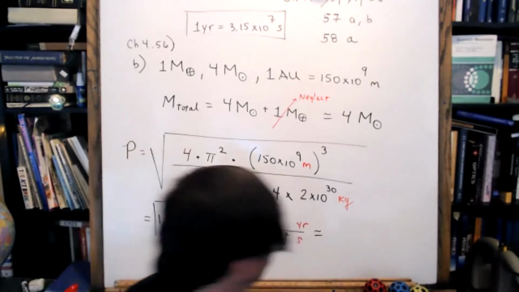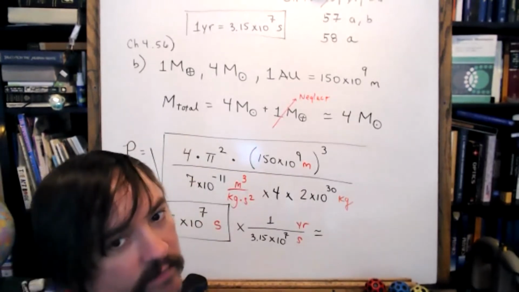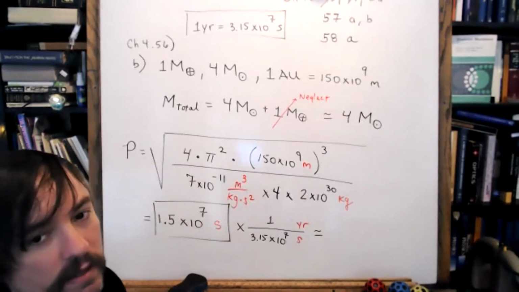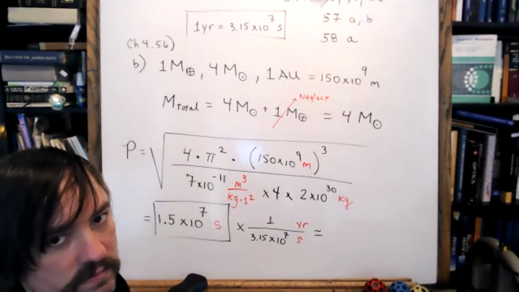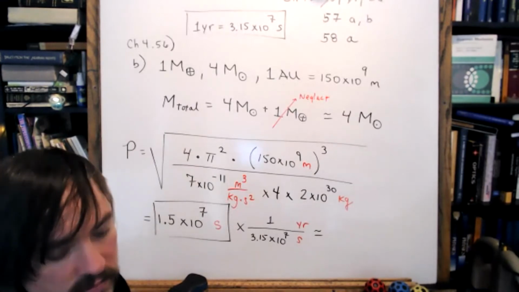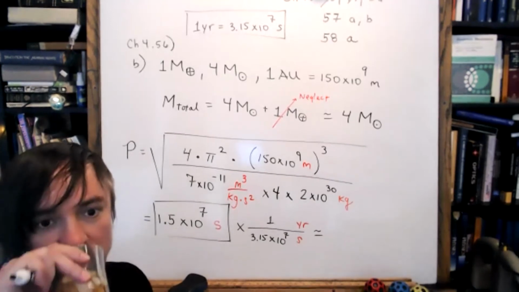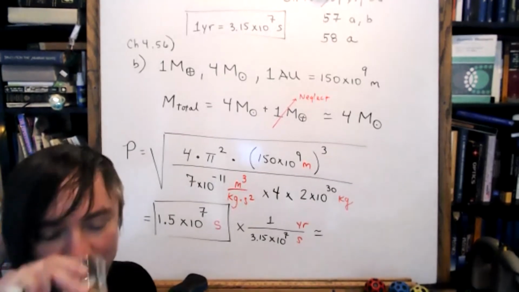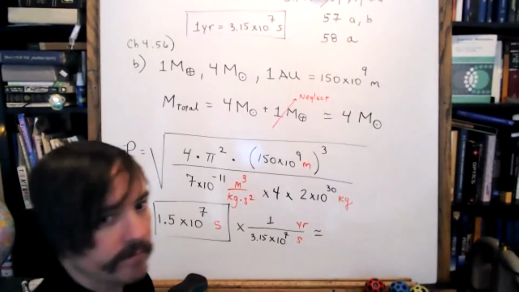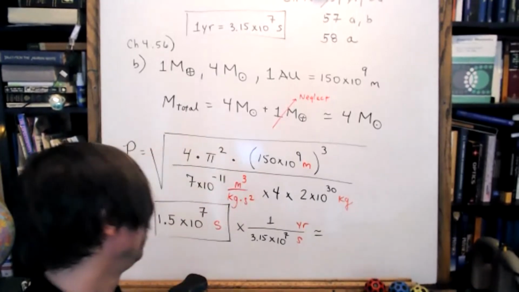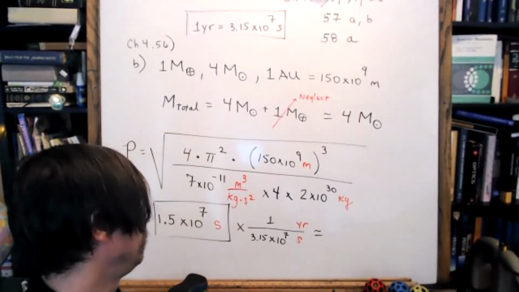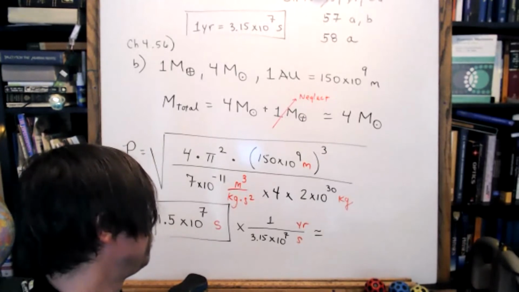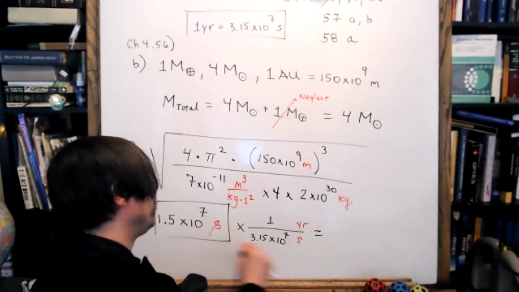So what's the plot equal to? That is, 1 second. That would be 1.5 over 3.15, right, because you cancel out the 10, 10 over 10 to the 7th.